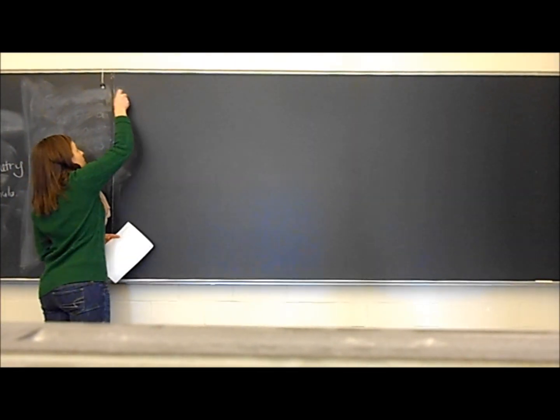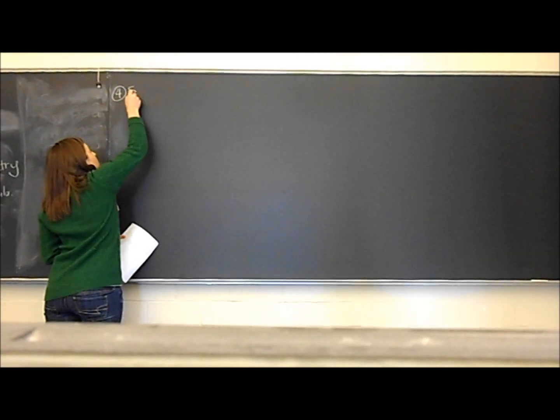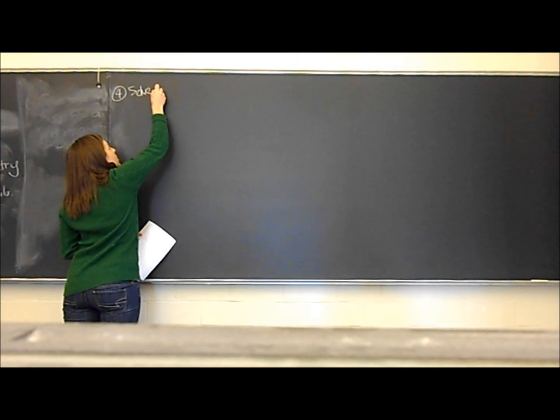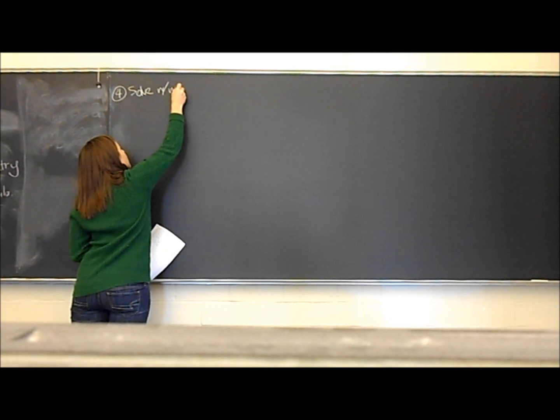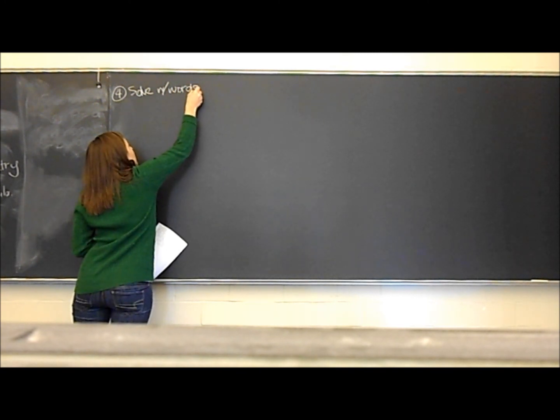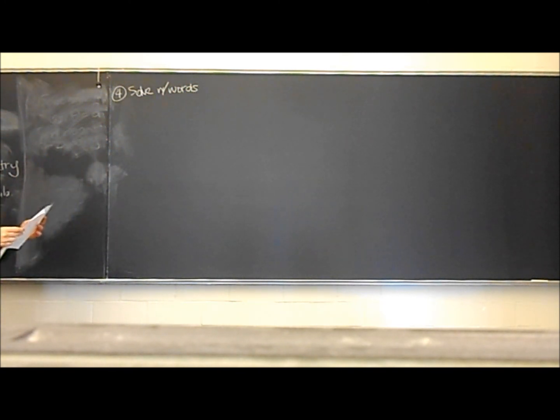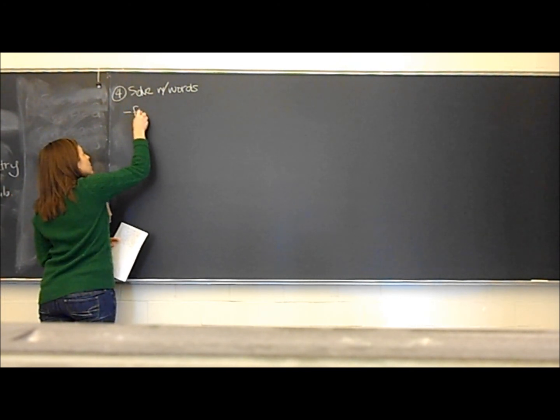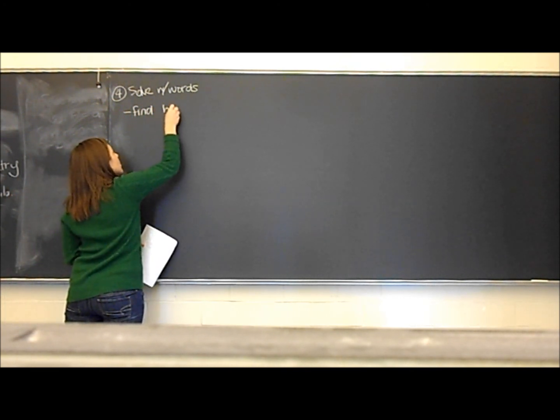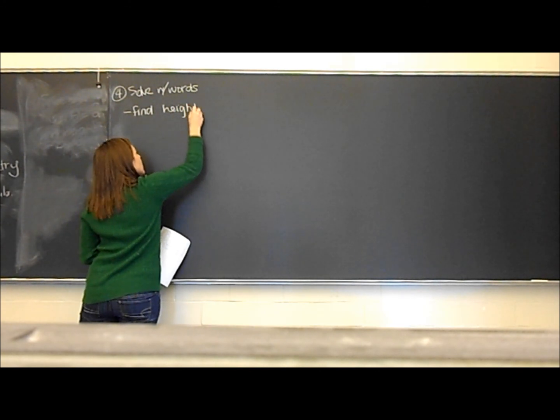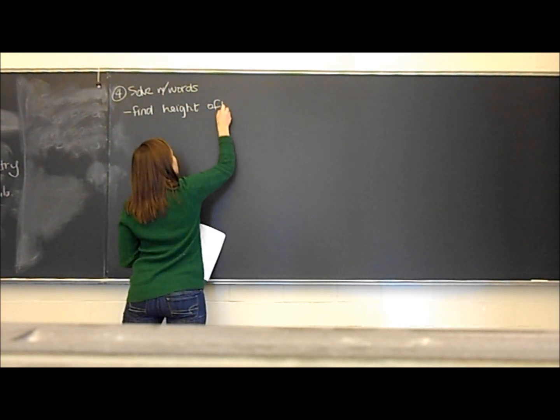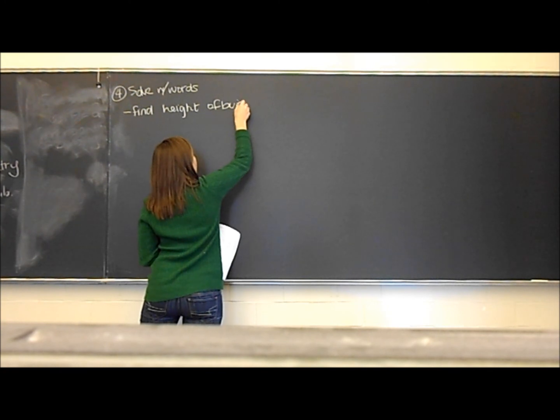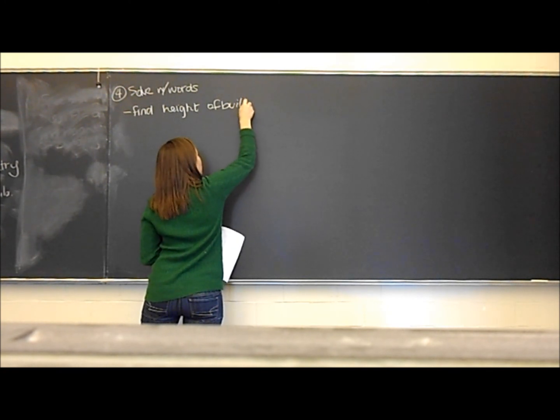So our fourth step then is to solve it with words. We already know that we need to use tangent, so first we want to find the height of the building. Which is represented by which variable?